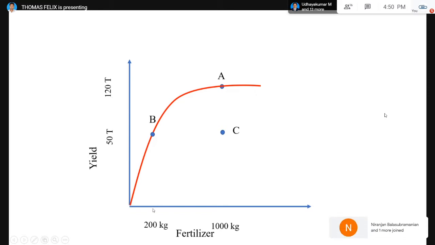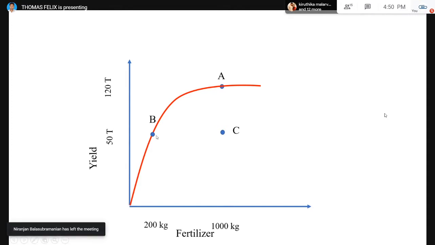Similarly, farmer B uses only 200 kg of fertilizer, and with that he gets 50 tons of yield. So he is also efficient. But farmer C uses 1000 kgs of fertilizer and only gets 50 tons of yield. That means farmer C is inefficient compared to farmers A and B.